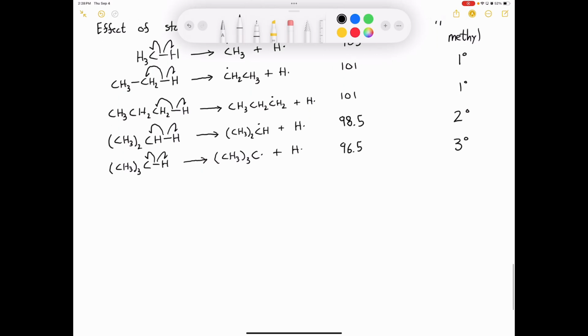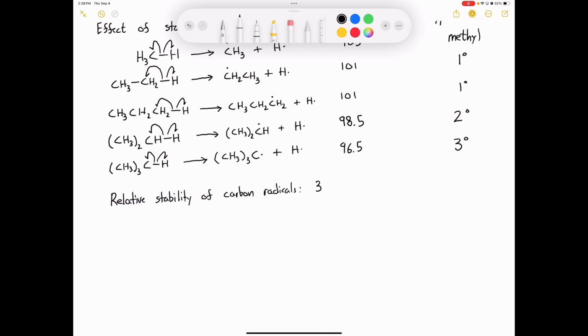So what we can say here is the relative stability of radicals. Sorry, let me just insert, let's be specific here, of carbon-based radicals, okay, of carbon radicals.